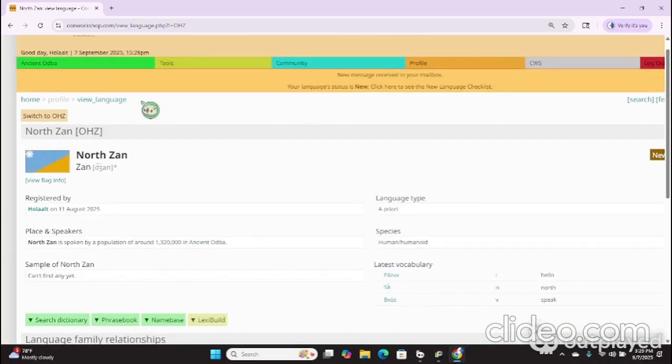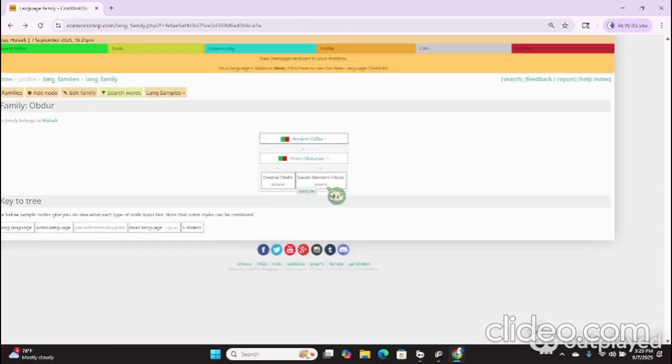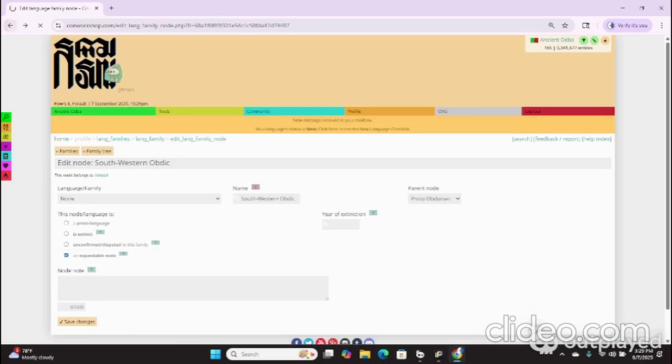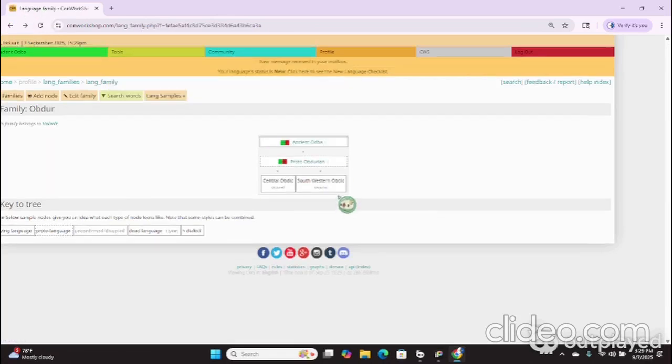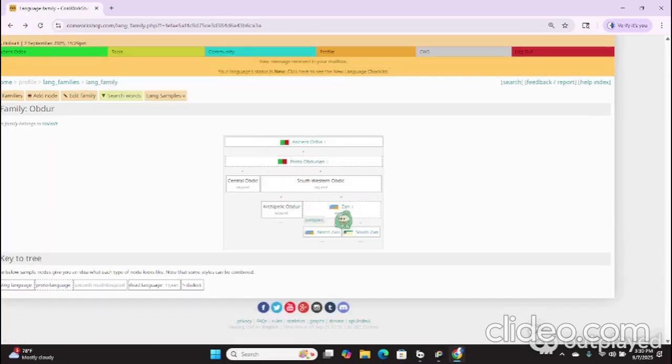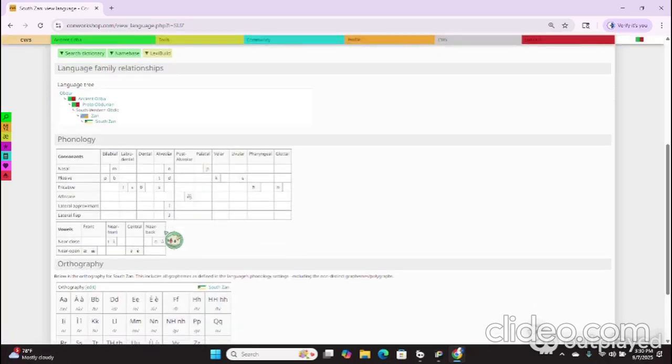And then going into its counterpart, South Jan. Now, North and South Jan may have very different phonologies, but their words are nearly the same, and their grammar is identical. South Jan is also spoken in Jan.